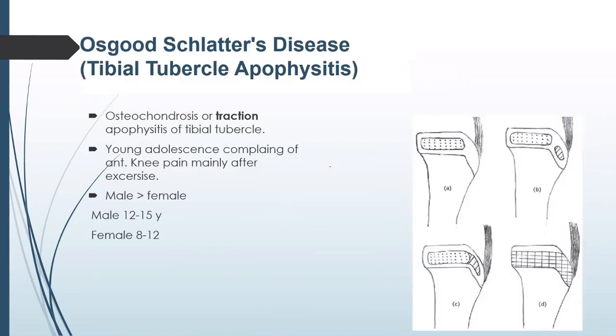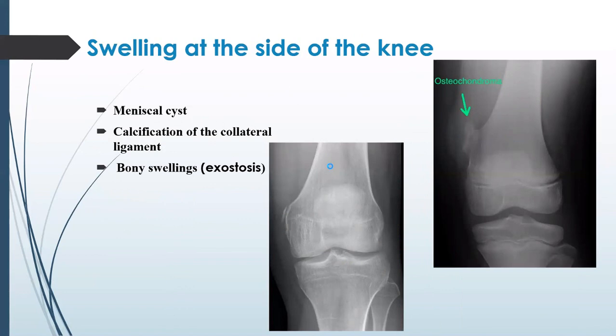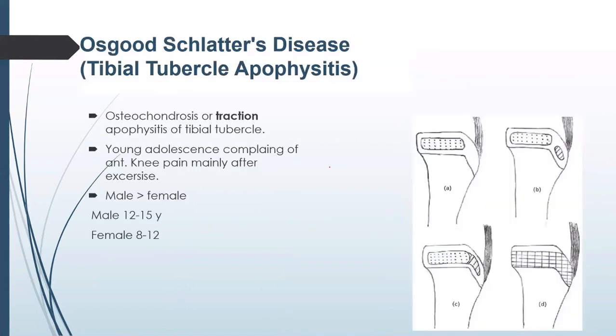The last thing about this seminar is Osgood-Schlatter disease, or tibial tubercle apophysitis. Normally, the tibial tuberosity is not articulating, so we call it an apophysis. It is the attachment of the patellar ligament on the anterior proximal part of the tibia. This tibial tuberosity will have secondary calcification according to age.